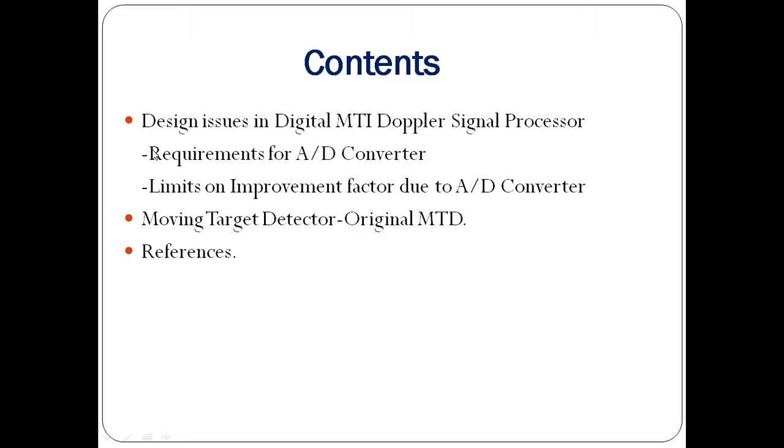In detail we are going to cover some of the requirements for the A to D converter and how this A to D converter is going to impact the improvement factor. And at last we have an application oriented topic, an application of the MTI processing. It is known as the moving target detector, the original MTD, and finally I will conclude with the references.